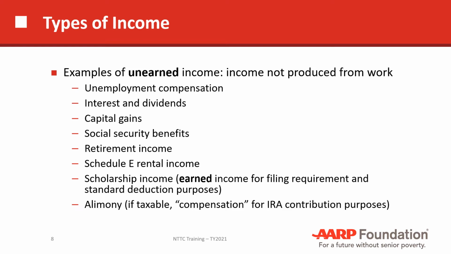For determining somebody's filing requirements, it's considered earned income. And also for purposes of the standard deduction, it's considered earned income. But otherwise, it's considered unearned income. So it kind of plays both roles.